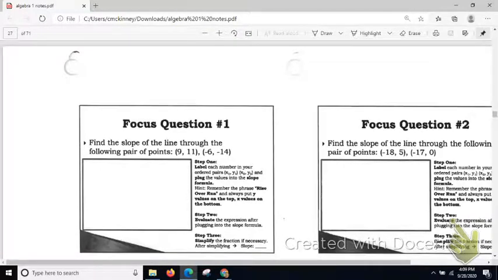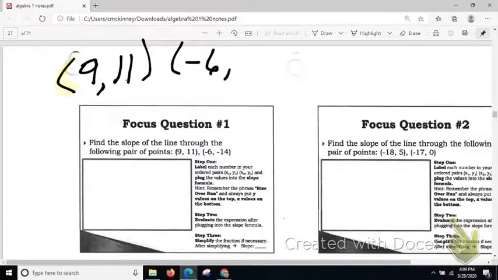So when I look at these points, I have 9, 11, and I have negative 6, negative 14. So I'm just going to write the two ordered pairs nice and big.